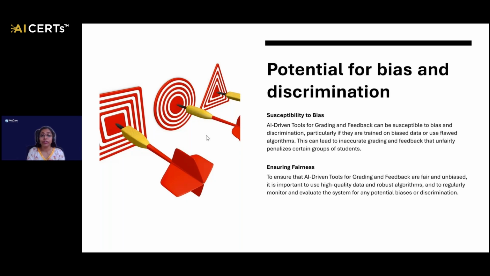So you need to check your models regularly, continuously, so that you get accurate results every time and anytime.